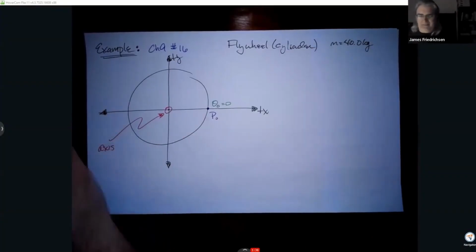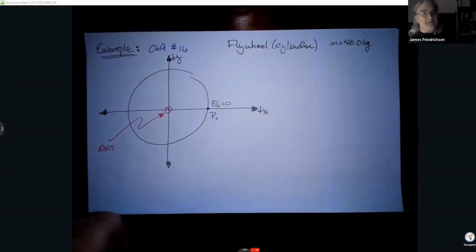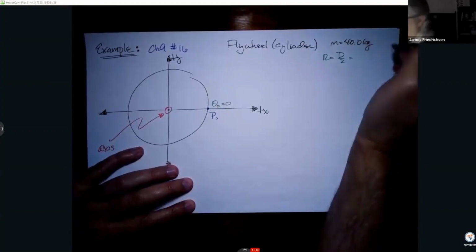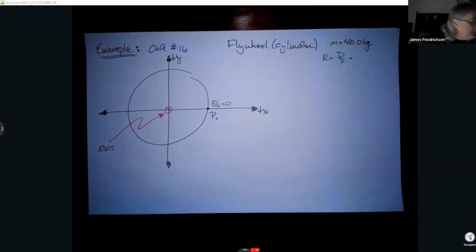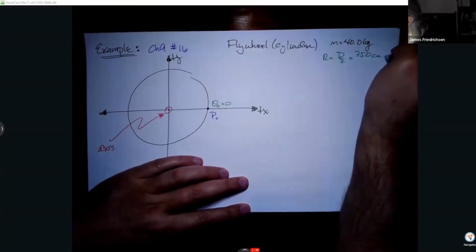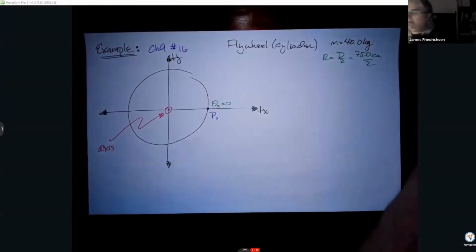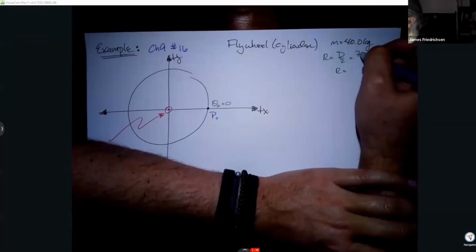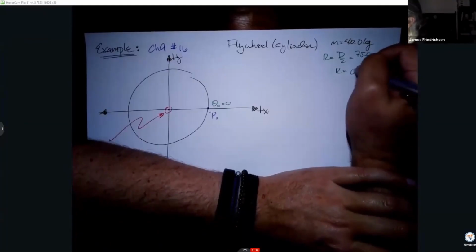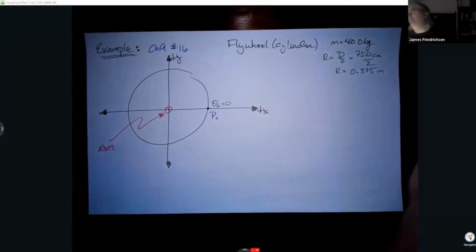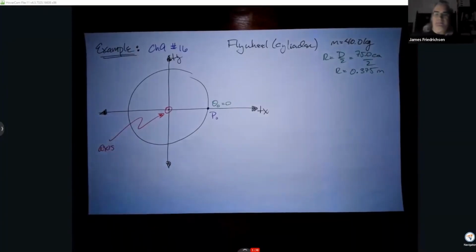And they gave a diameter, which we're probably only going to want the radius. They said that the diameter of the flywheel was 75 centimeters. And so then we can find the radius of the flywheel. So this would be 37.5 centimeters, so 0.375 meters, because we'll want everything in SI units no matter what.